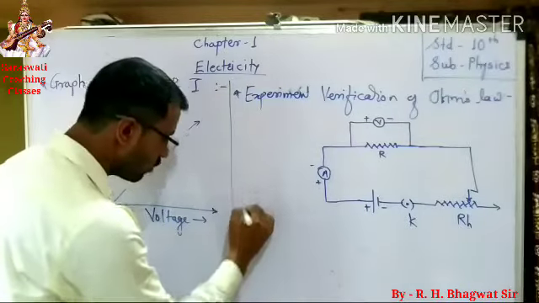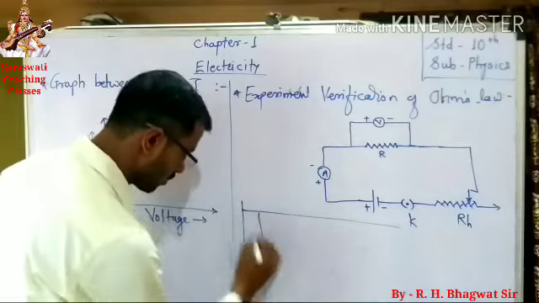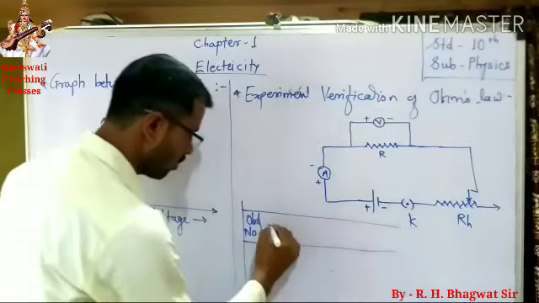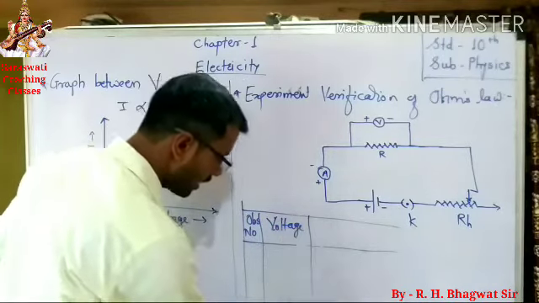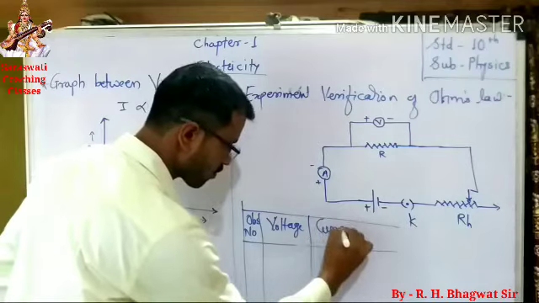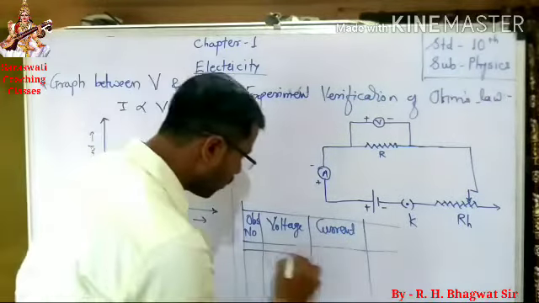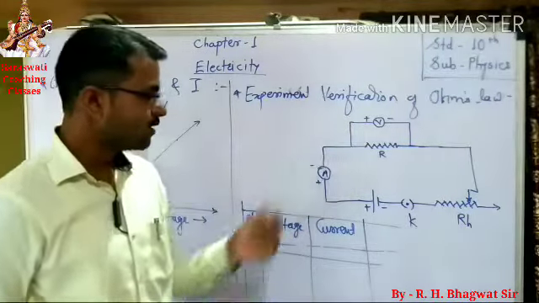First we have to note down the observation number, voltage and current. Now we have to note down the first voltage and current.